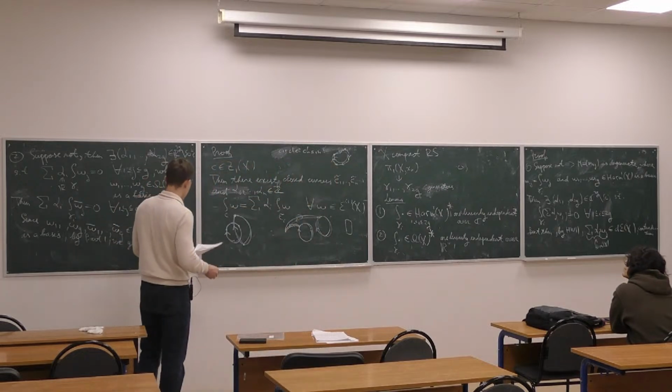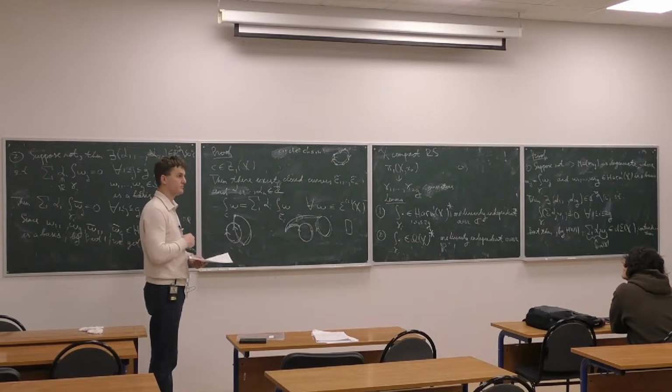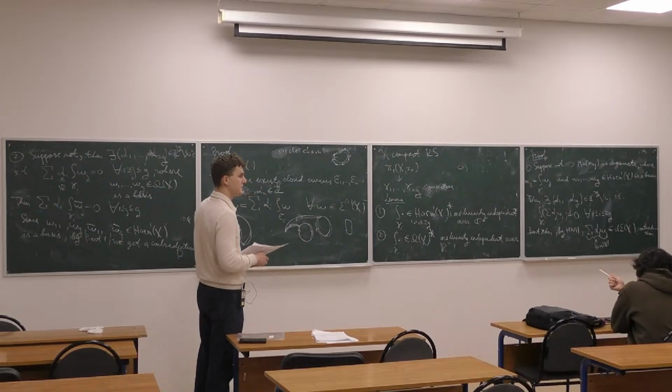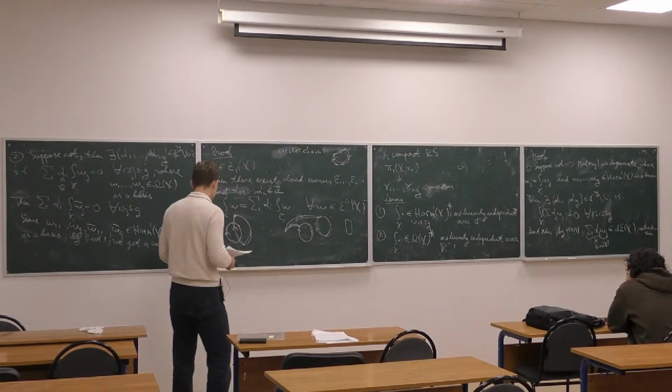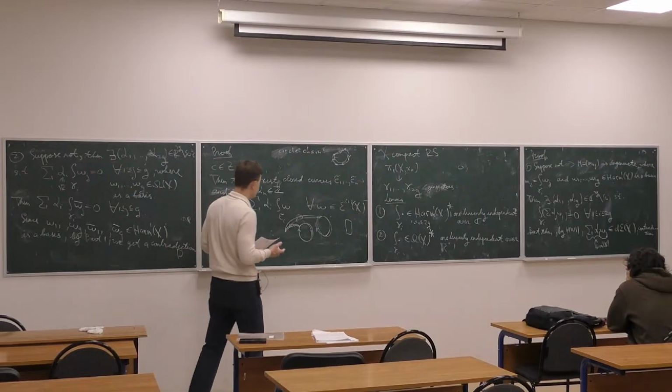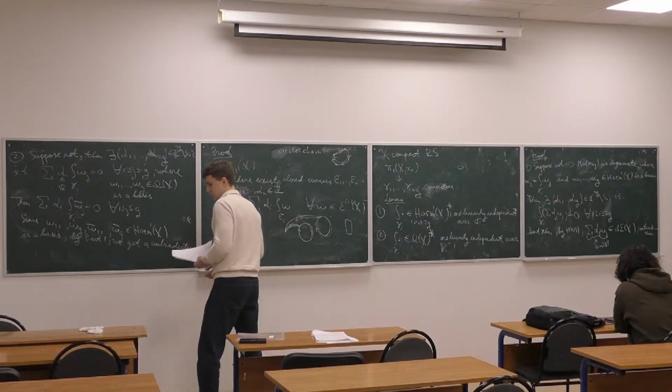So automatically we get it for the anti-holomorphic dual space too. Is it clear? Okay, then we come to the definition of the Jacobian.